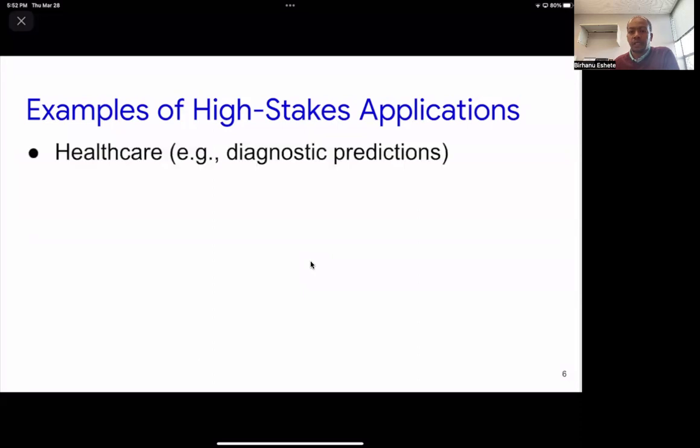Okay. The one natural example is healthcare. For example, in healthcare, you would use machine learning models for predictive tasks, for instance, a diagnostic prediction. So we want to predict whether a certain scan of a tumor is cancerous or not, right?